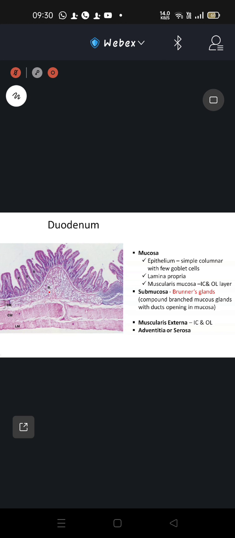So what we can see is that this outer layer is appearing as circular, whereas the inner layer is appearing as longitudinal, only because it is a longitudinal section. Only in a longitudinal section can we appreciate this portion of the junction.